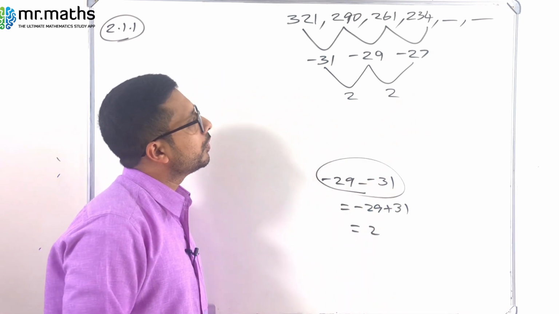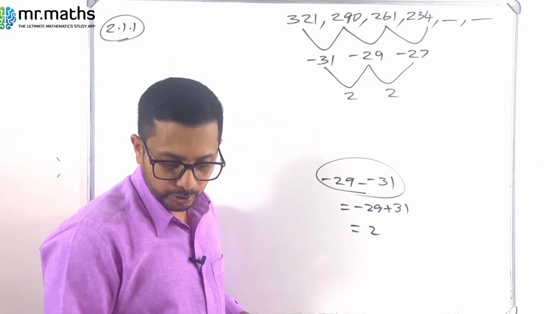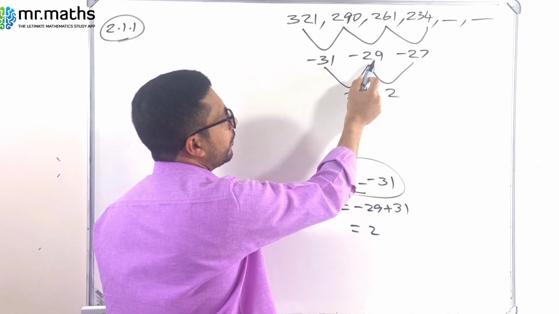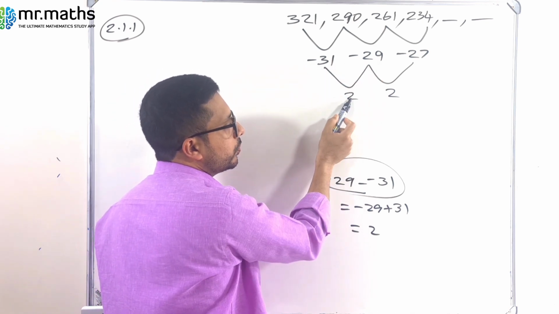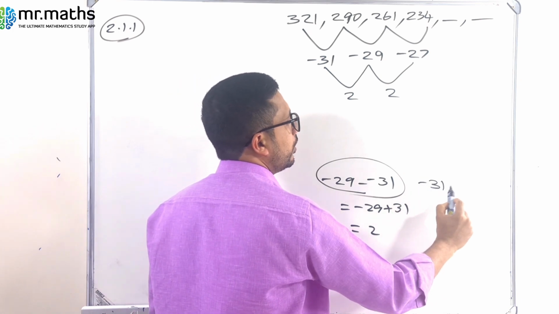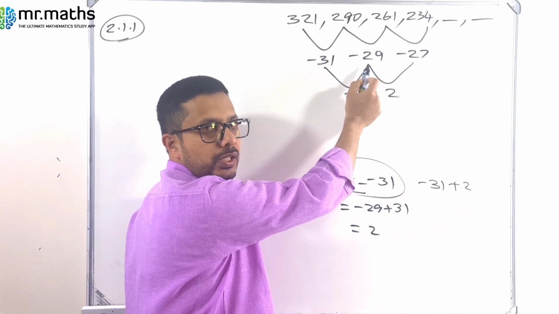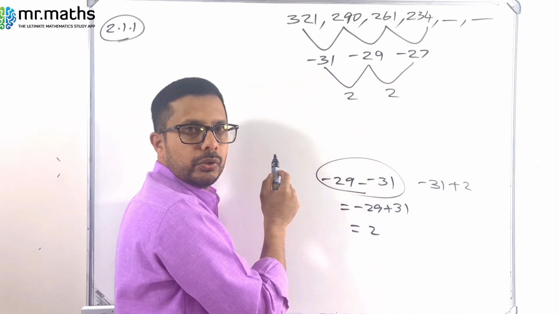So what is the second difference here? It is 2. Now look at this one here: minus 31. How do you get this minus 29? Minus 31 plus 2. What is the answer? Minus 29. Can you see that? Then minus 29 plus 2, that is minus 27.